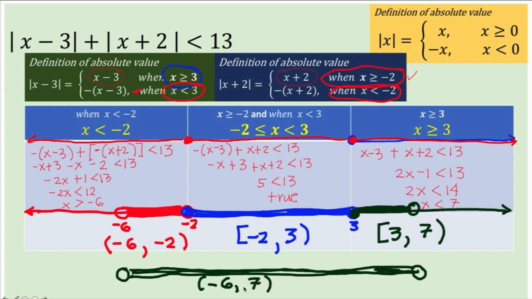Now, how do we write this as an inequality? Our solution set is the set of all x's, let me write here, such that x is between -6 and +7. So the set of all x's such that we have that condition. In interval notation, it's from -6 up to +7.